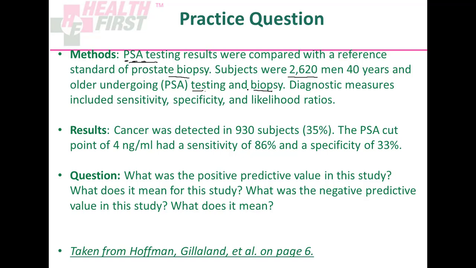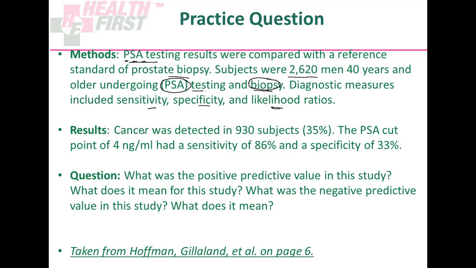Remember, this is required because you need to compare the screening test to a particular standard to really say how good that screening test is. Diagnostic measures included sensitivity, specificity, and likelihood ratios. So we are interested in sensitivity and specificity since we are yet to discuss likelihood ratios.